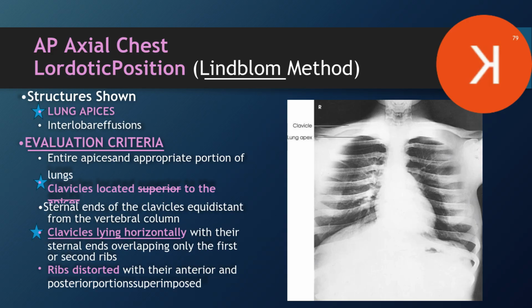Clavicles lying horizontally with their sternal ends overlapping only the first or second ribs. Ribs distorted with their anterior and posterior portions superimposed. Here in the picture, you can see the clavicles are away from the lung apices. You can clearly see the lung apices, and the clavicles are sitting up higher because of that patient position.